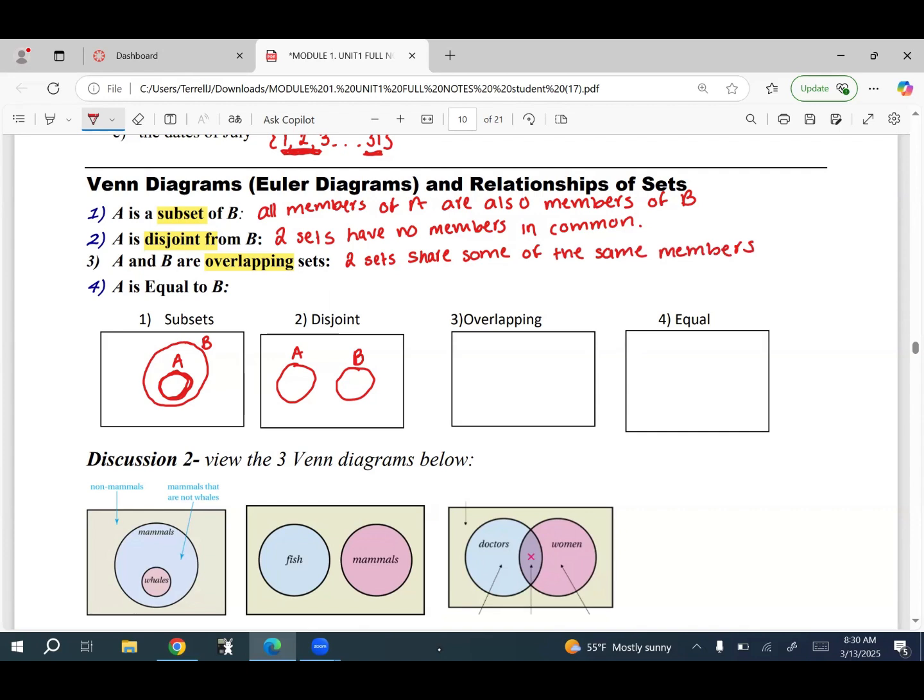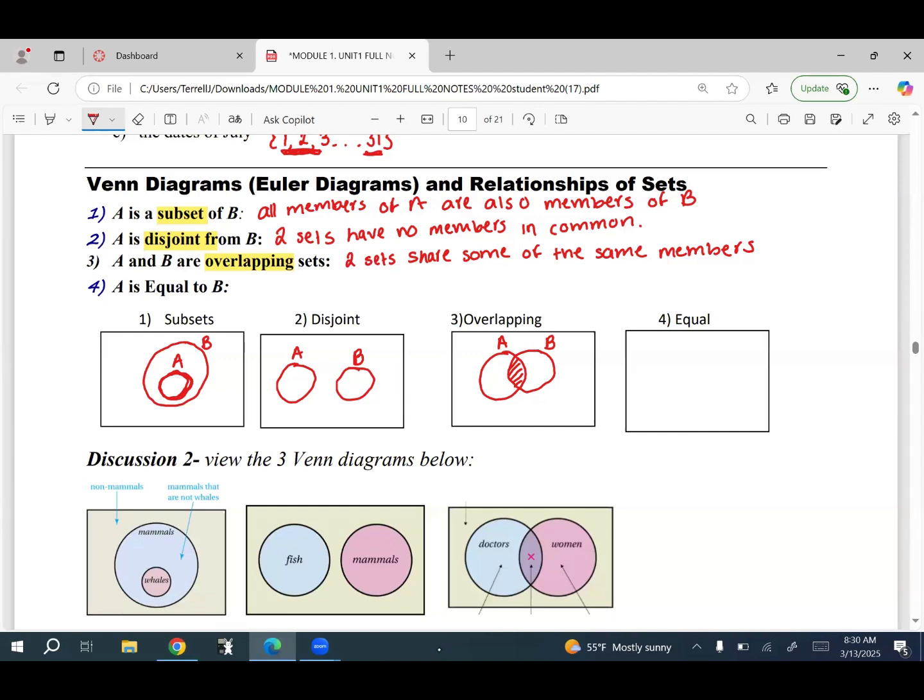Like a subset. It's not completely part of B, but they have some overlap. And that looks like a traditional, here's set A, and then there's some overlap here. And what I mean by overlap is this middle piece that they have in common. That is an overlapping set. That's probably what you're used to seeing when you think about a Venn diagram.